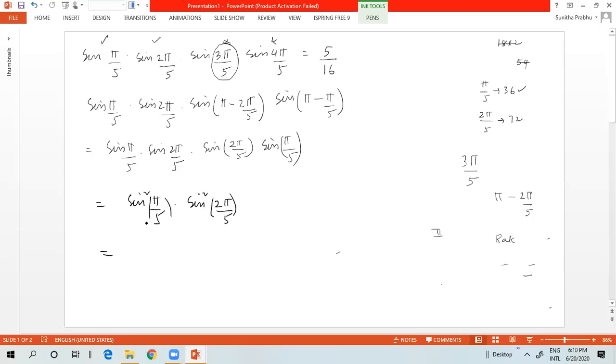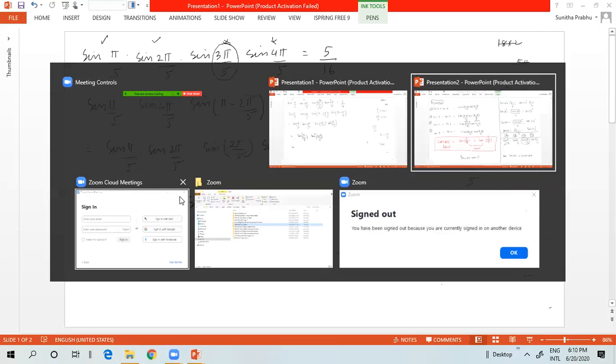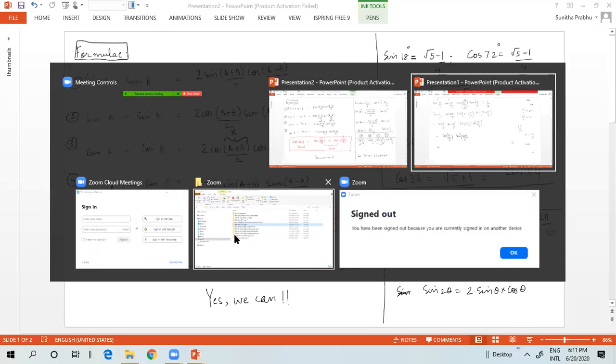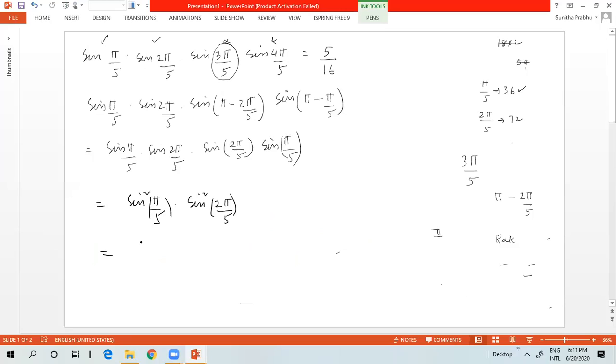Now what shall we do? So now we can put the values. Sine pi by 5 is how much? Sine pi by 5 is sine 36. Sine 36 means square root of 10 minus 2 root 5 by 4. So I will get 10 minus 2 root 5 by 16, correct?